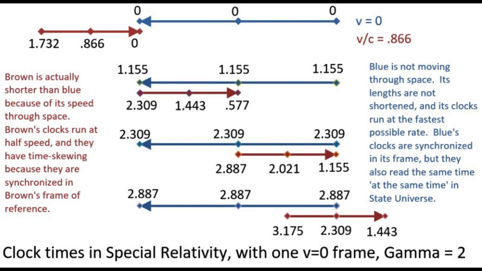Okay, now the blue ship is the one that's not moving through space. The brown ship is the one that is moving through space at a v/c of 0.866. And the lengths of these ships are, as we say, normalized. In other words, the total length of both ships in their own reference frame is 2.